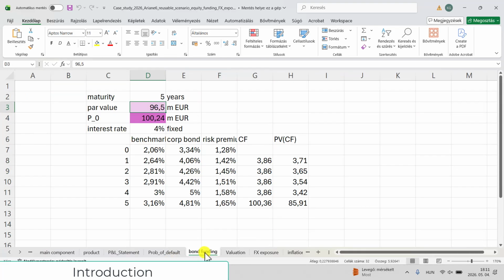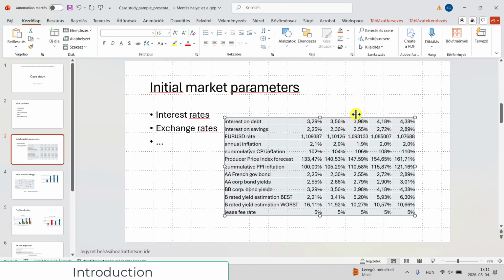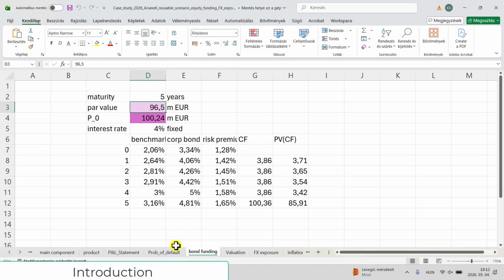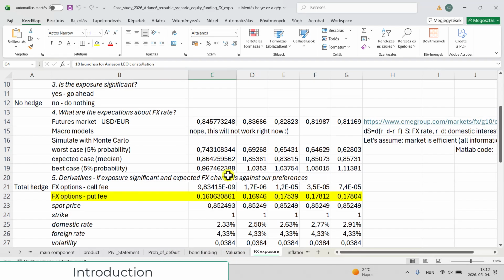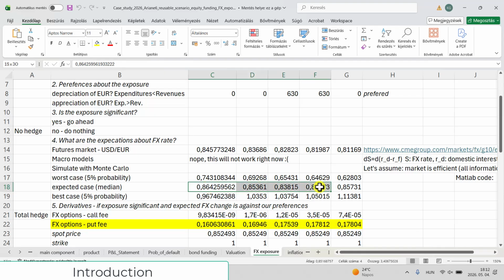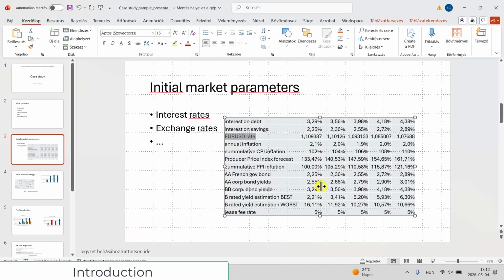So in case of bond funding also we have some data. So practically we just have to compile what was used as external data during our calculations, because we have no impact on this one. So again, interest rates, the foreign exchange rate, which was used for the calculation. We know that this was defined here, so this is the current exchange rate.